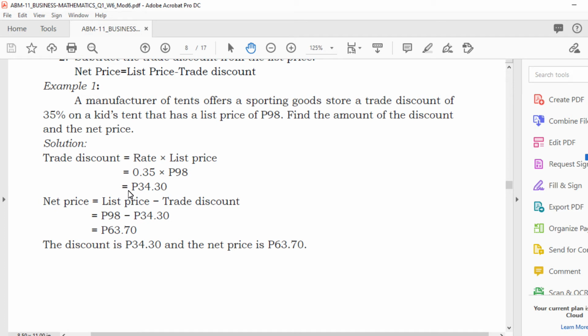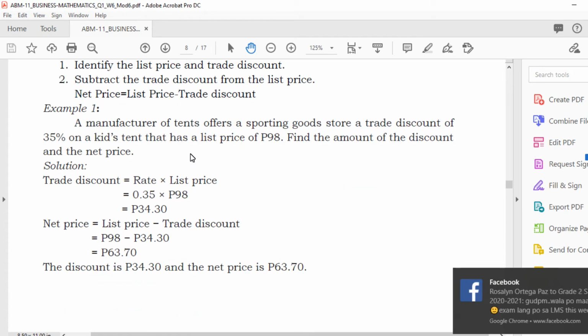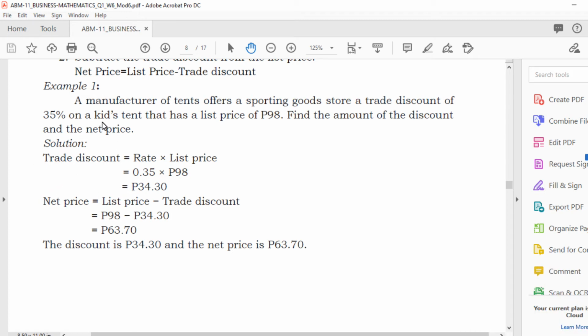Tandaan ninyo, bago makompute ang net price, kailangan alam mo muna list price at trade discount. Pero kung wala ang isa, kukomputin mo muna ang trade discount. Okay. Ngayon, next naman is the net price. Dahil nakuha natin yung trade discount, net price na tayo. So, net price is equals to list price minus trade discount.